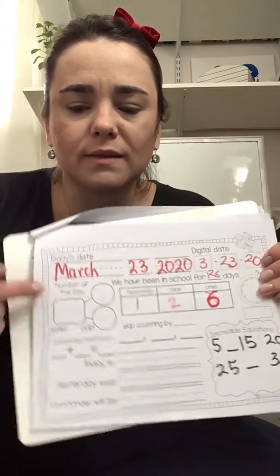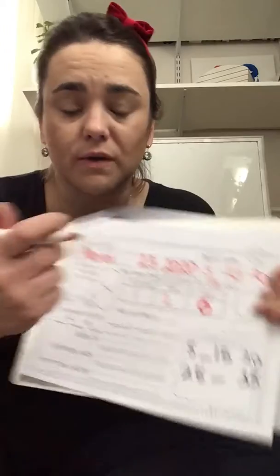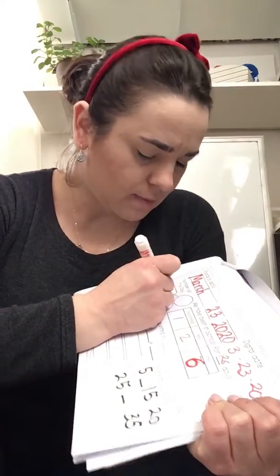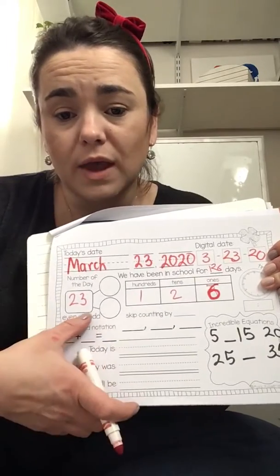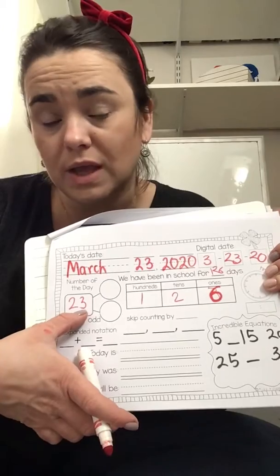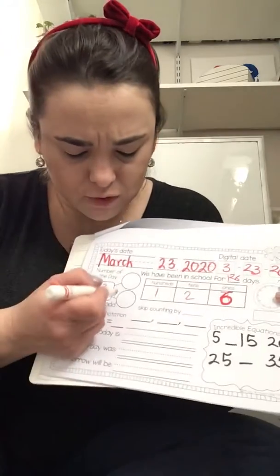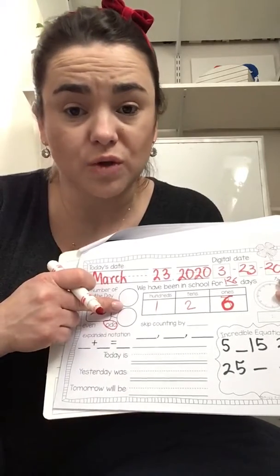So then I'm going to ask them to give me a number. I'm going to use today's number of the day, 23, and I'm going to ask if they can split it into 2 equal parts. We're looking at the last number at the ones place, and because it's 3, I know it's odd, so I'm going to circle odd, and I also know that I will not split it into 2 equal parts.